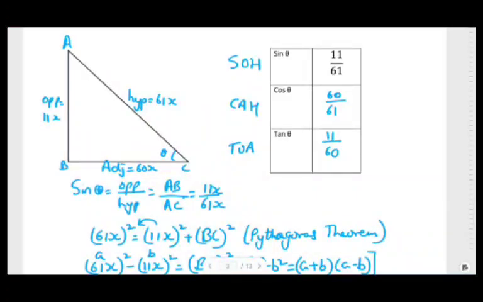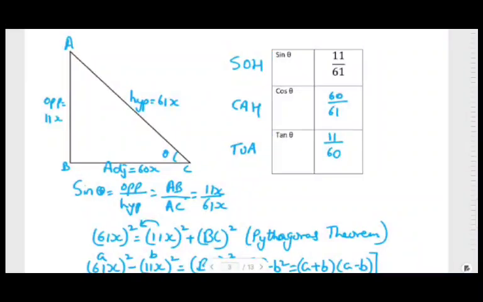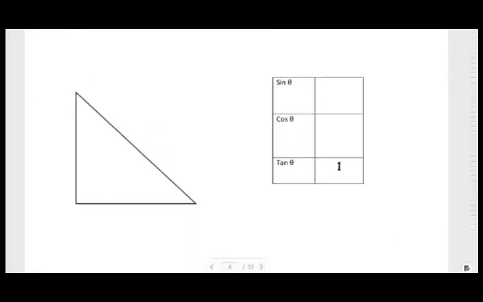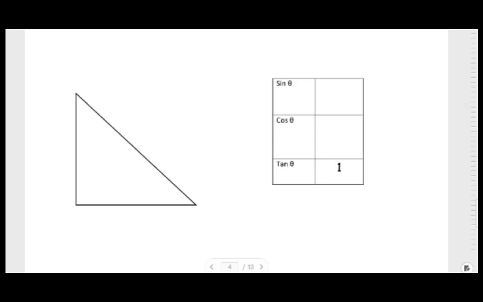Here we go. Children, the entire table is based on these formulas and this working. Okay. Now our tan theta value is given as 1. Okay. So A, B, C. So this is my theta.